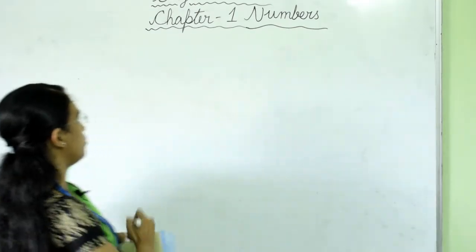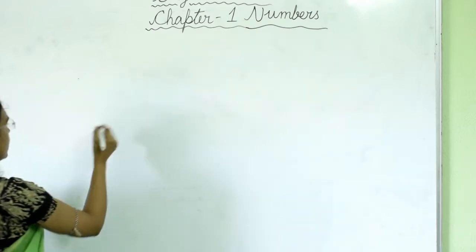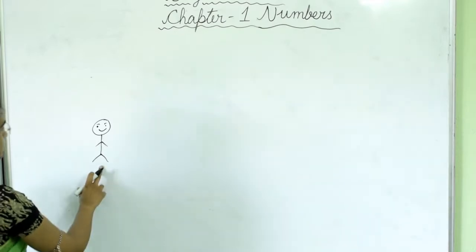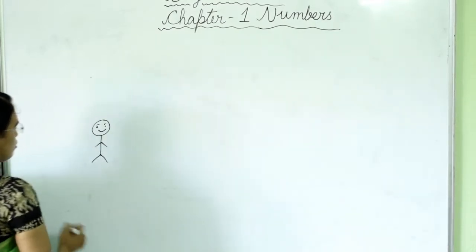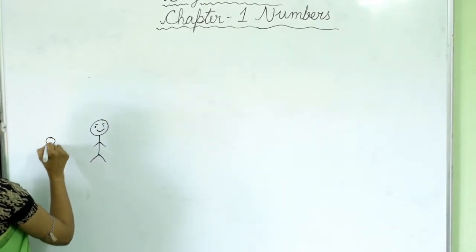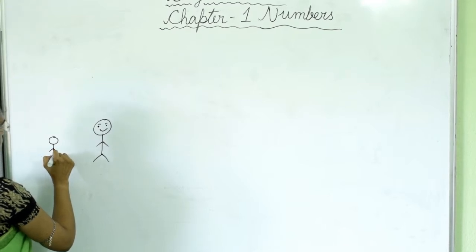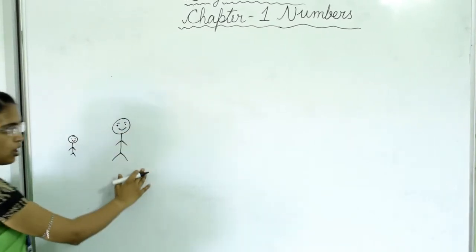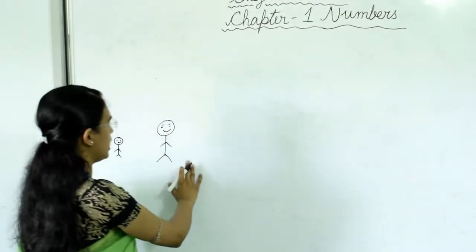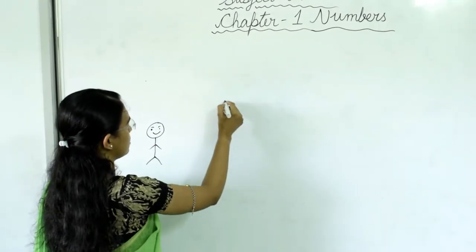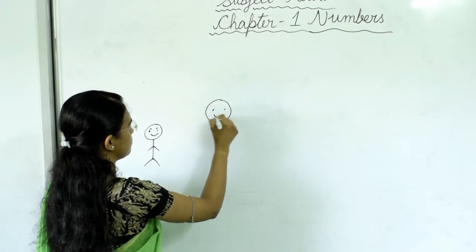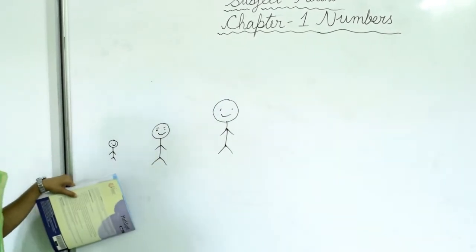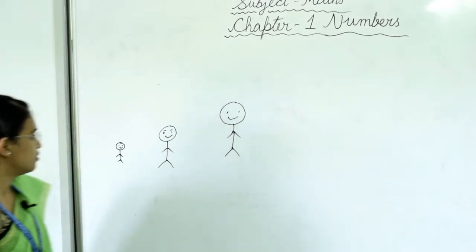Now suppose for example this is a boy, okay? At first he is a baby, then he becomes a boy or child, then he becomes a teenager. In this way he is increasing, right?